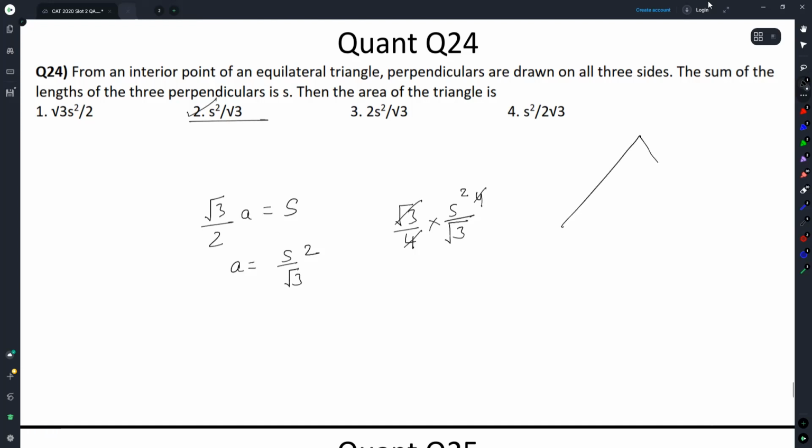I've not fully explained my thought process, but just see this. From an interior point of an equilateral triangle, perpendiculars are drawn on all three sides. Which is the most familiar interior point of an equilateral triangle that you know? Centroid or circumcenter or incenter or orthocenter. All these centers are the same point. Let's take this point.